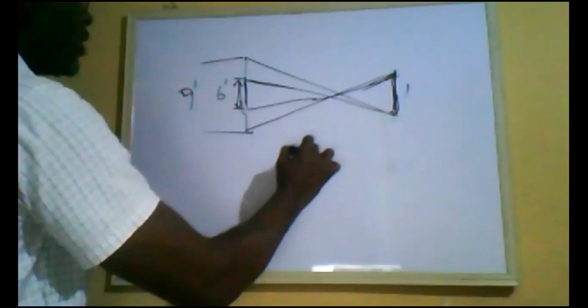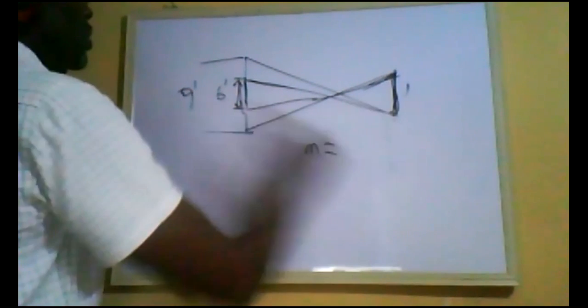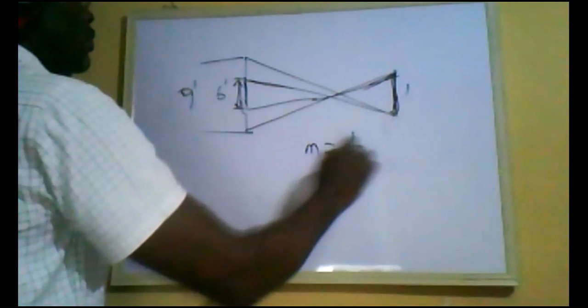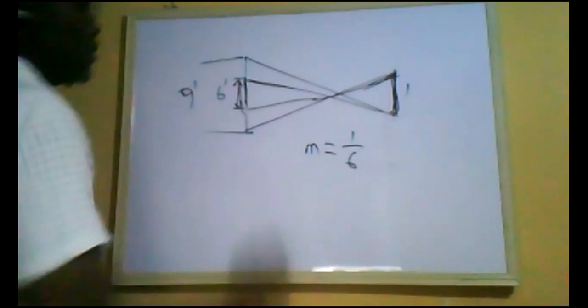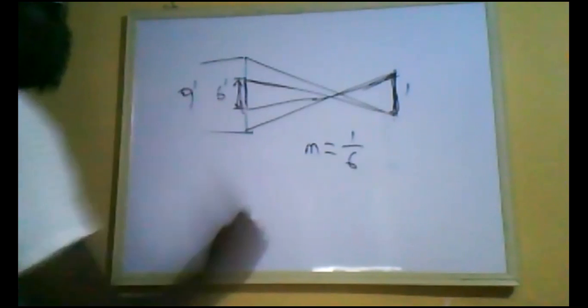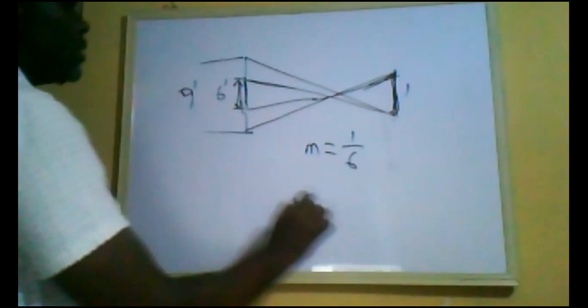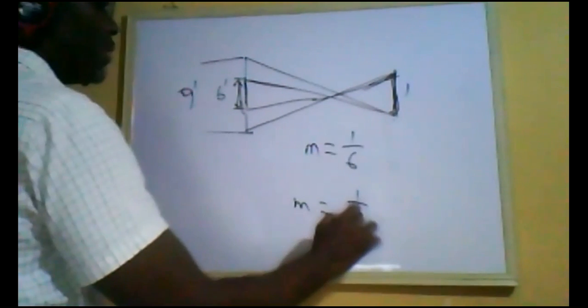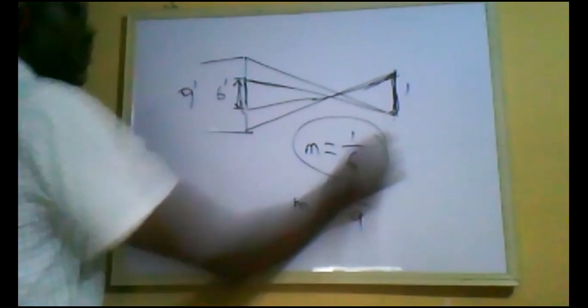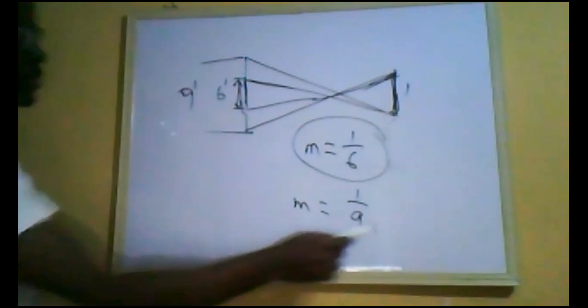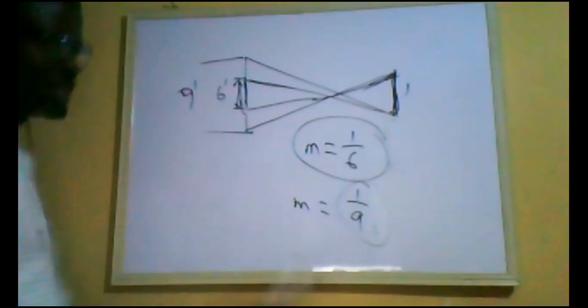Say this one is 1 inch. Our magnification factor is 1/6 for this one, and for this other one it is 1/9. You can see clearly that this one's magnification is bigger than this one's.